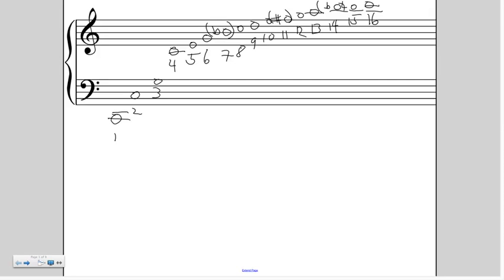But what gets interesting is looking further up the overtone series, where we have the C to D, which is the 8th and 9th partials. In modern terminology, C to D is a major second interval. But look at the ratio: it's a 9-to-8 ratio. And then look at the next two notes in the series.